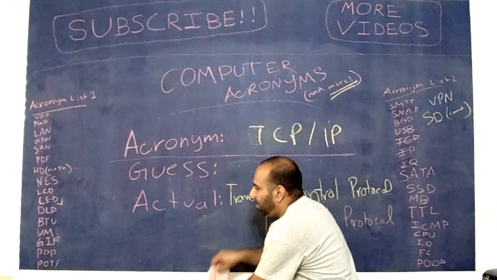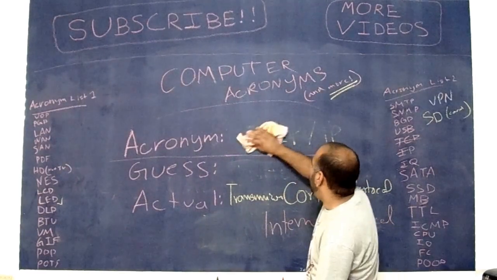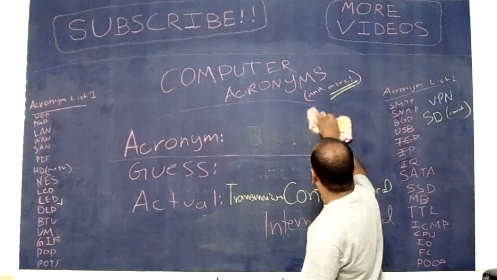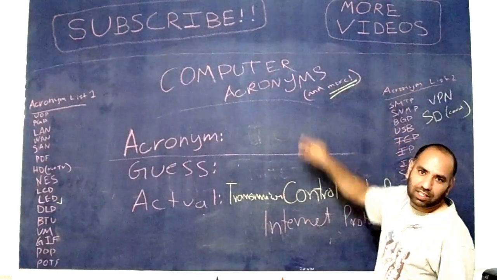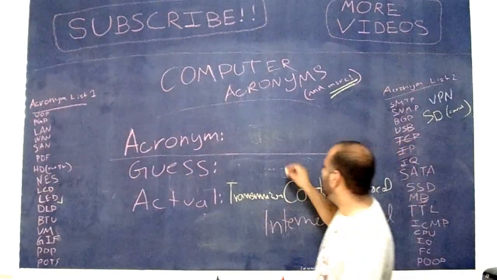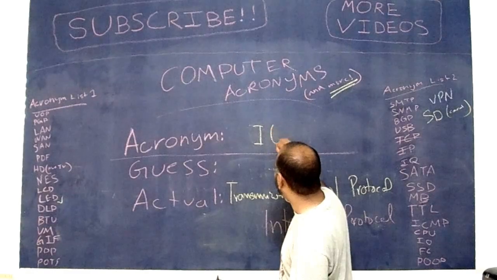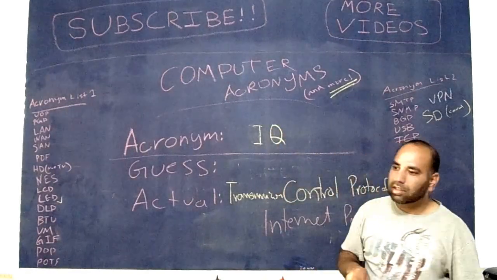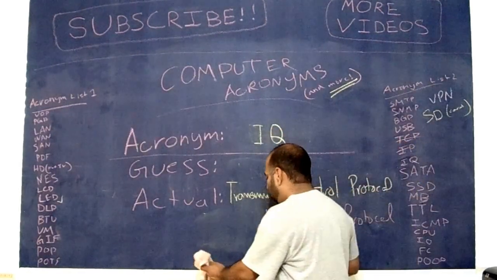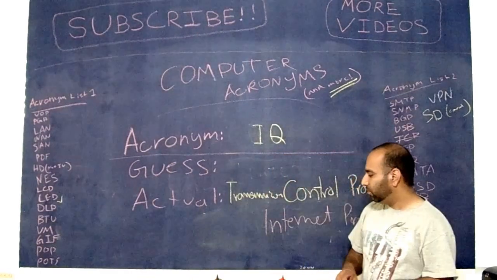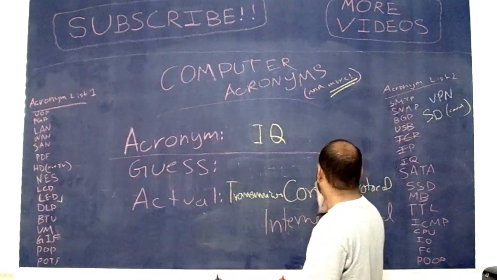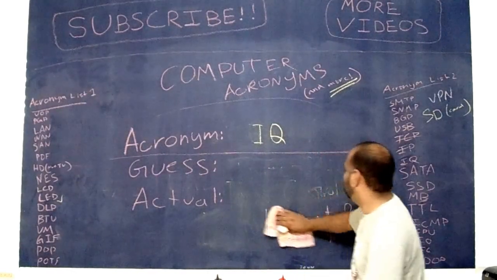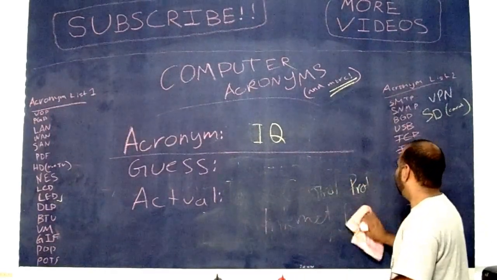Next one. Alright, next one on our list is IQ. Not very computer related. Yes, actually, I am so glad that we have more listed here, because IQ, even though all the geniuses like Einstein have great IQ, comes in handy in the computer world. So what is IQ? It's intelligence quotient.